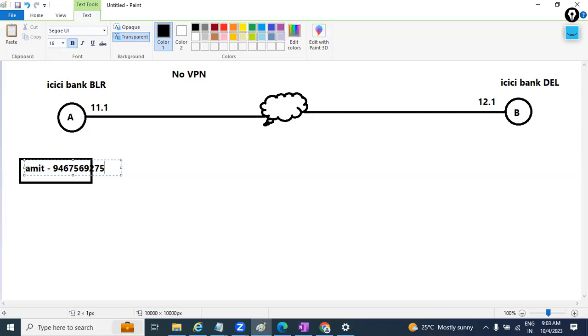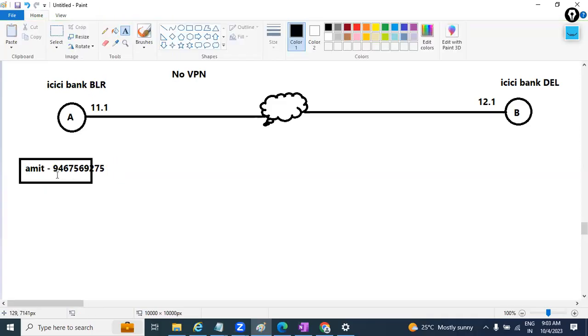This is one of my customer details, and I have to share the list of customer details from the Bangalore branch to the Delhi one. I have to exchange it.